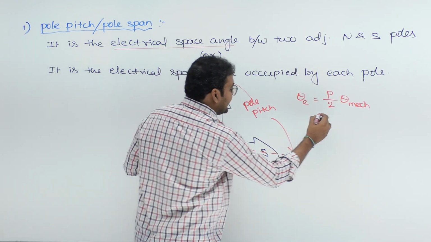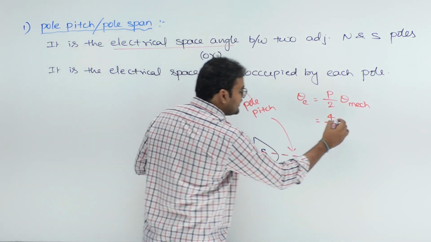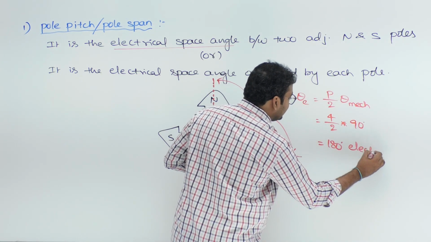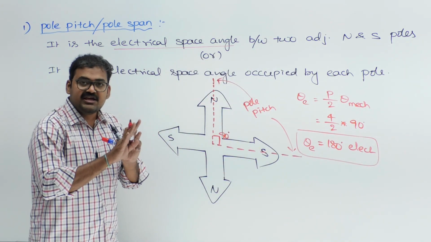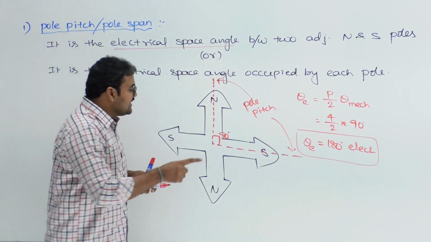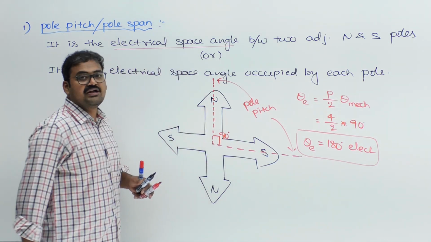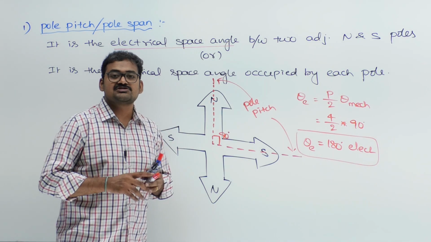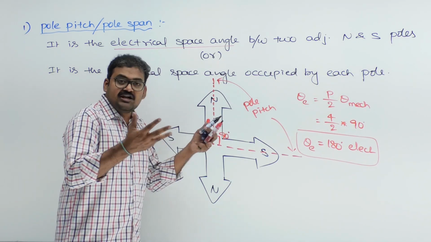It is a 4-pole diagram, so 4 by 2 into 90 degrees; therefore the electrical angle is equal to 180 degrees. Whatever number of poles you take, the angle between two adjacent north and south poles is always 180 degrees electrical. Mechanically it may be different.